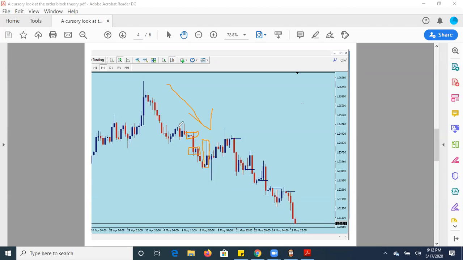But this was going to be our strong order block because it was leaving a resistance zone. Retail traders would take this as resistance, and supply and demand traders will take the whole of this as a supply zone, right?